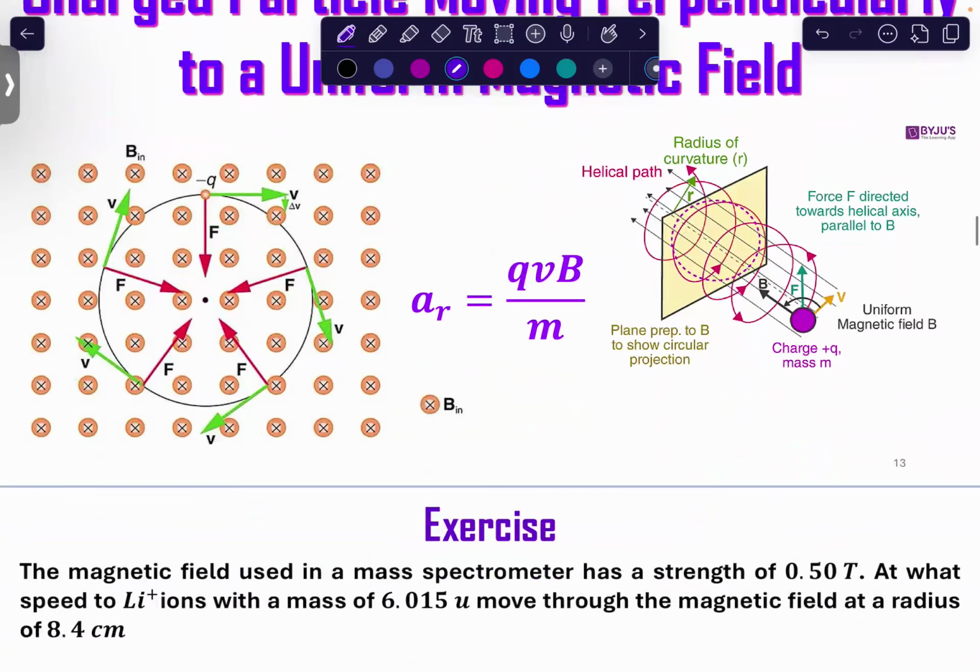So what is our acceleration equation? So radial acceleration, do you remember how it relates to velocity and radius of curvature? And we also know that this acceleration also equals force over mass.